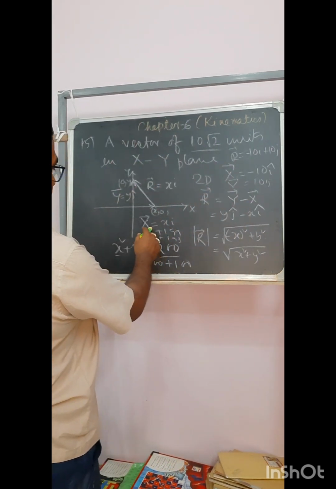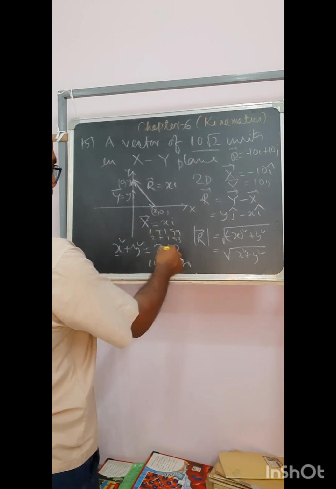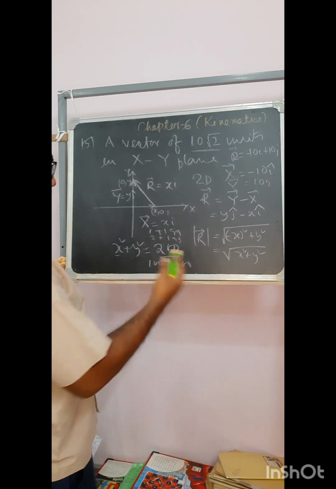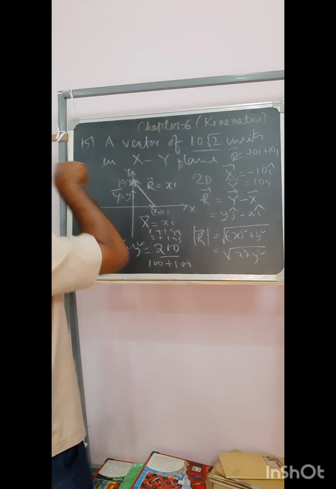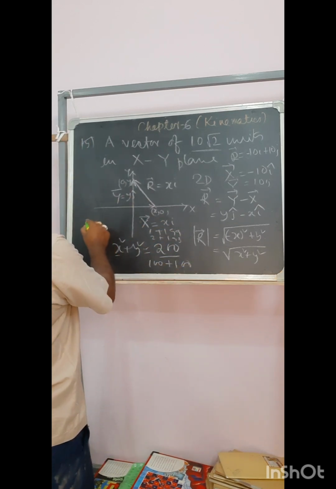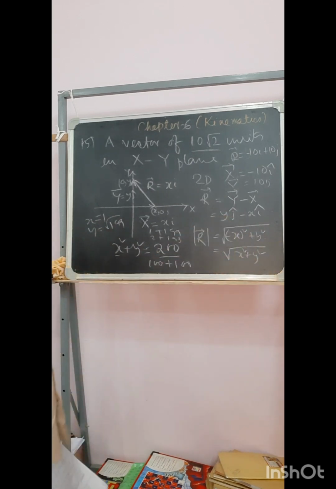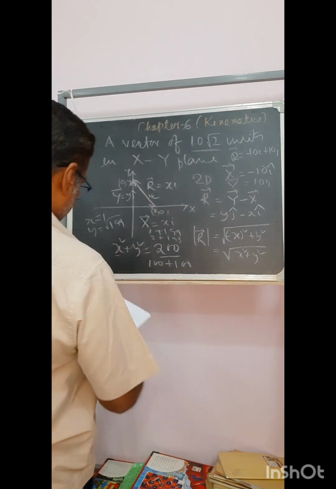You can mention that the 200 can be broken into 1 plus 199, 2 plus 198, up to 100 plus 100. Then again you will get the repeated ones. So it could be divided in such a way, and from there x could be x is equal to 1, and y could be y is equal to root over of 199. This way you will achieve different solutions, and accordingly the vector can be represented in different ways. Okay.